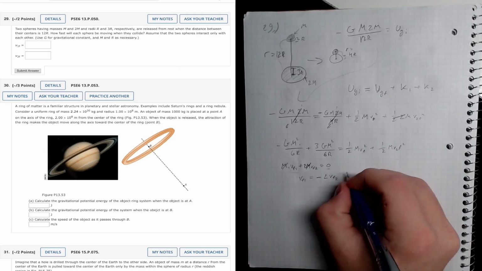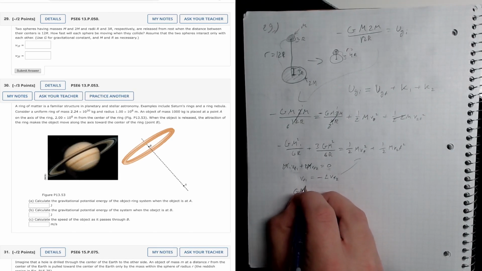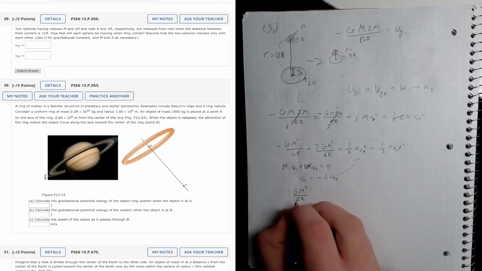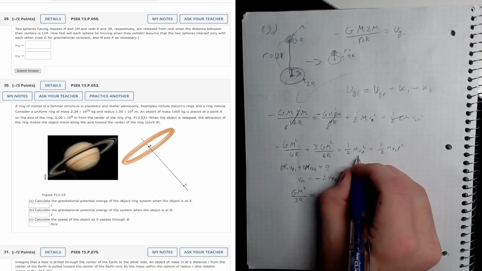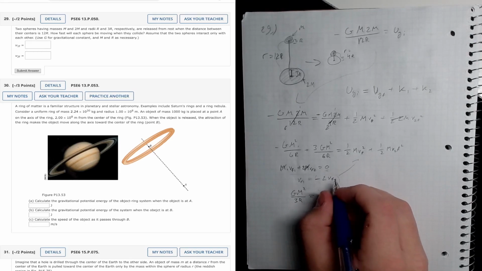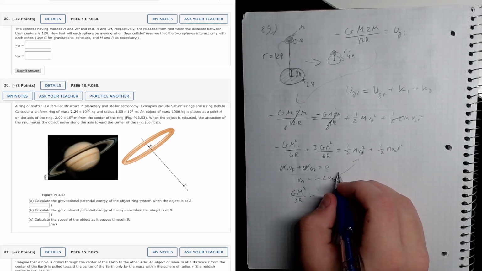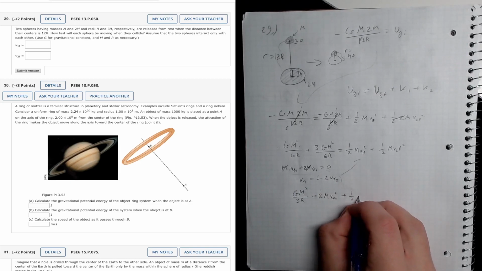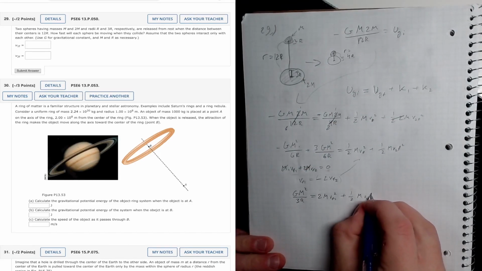Alright, and then we can plug that back into our equation up here to get, Gm squared, 2 over 6, so Gm squared over 3r equals 1/2 m (2 v final 2) squared plus 1/2 m v2f squared, just like that.